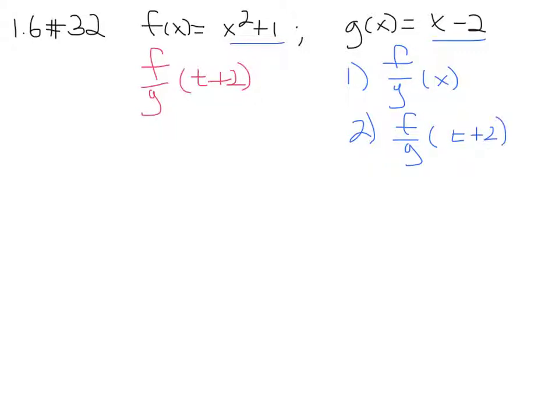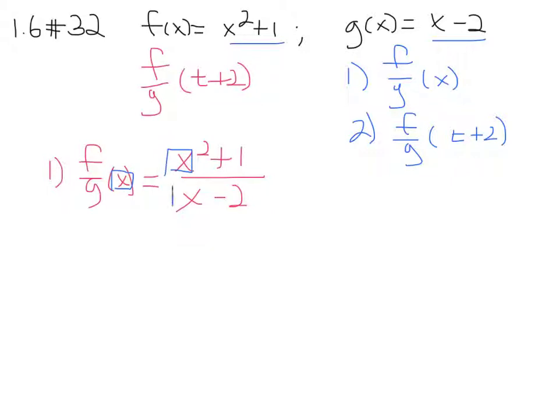All right, let's do the first step first. What is f over g of x? Okay, it's f of x, which is x squared plus 1, over g of x, which is x minus 2. Then I'm going to replace x everywhere with our t plus 2.